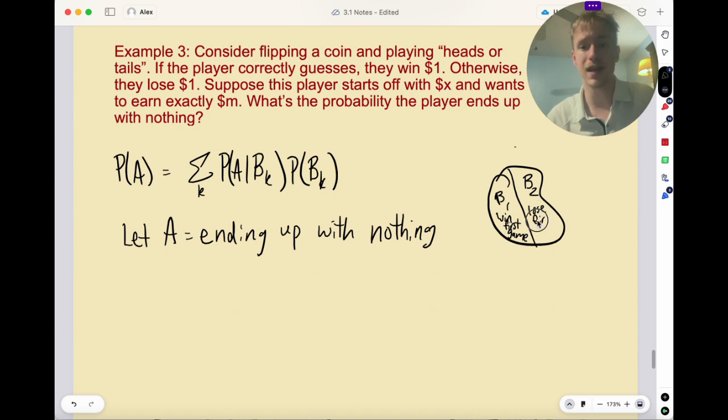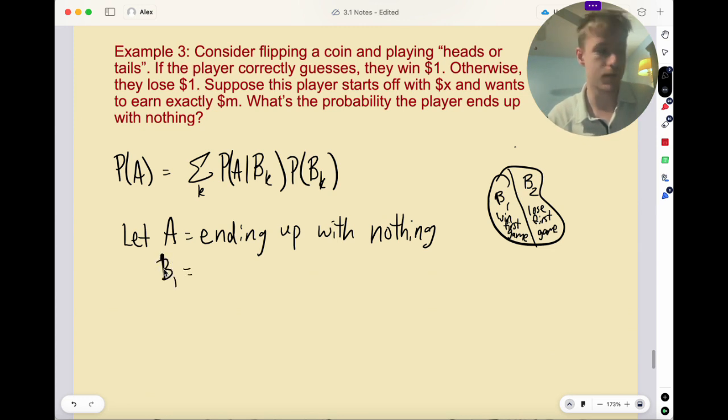I don't think anyone's going to doubt that those two events are mutually exclusive, and that B1 and B2 make up all possible events. So every possible event can be broken up into either winning the first game or losing the first game.